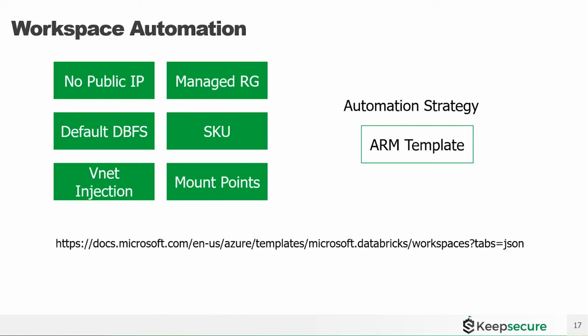So when we're dealing with workspace automation, we're going to be doing most of this through ARM templates, because all of these things are configurable at the Azure Resource Manager management plane. I've got a link here to the ARM template reference for Microsoft Databricks, and you can see that all these different options are available as long as you're configuring them the way that you want to.